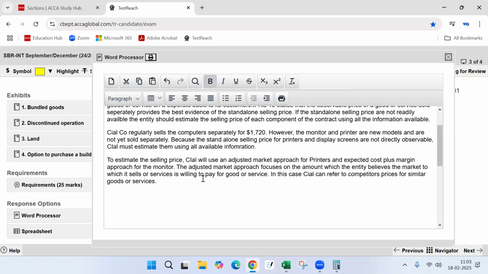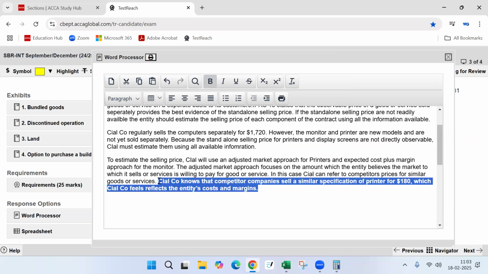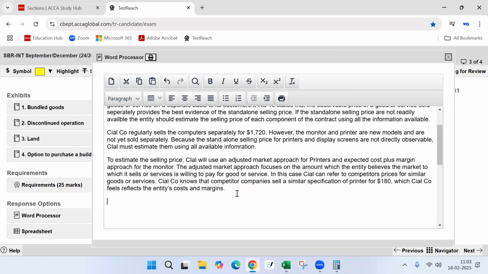So we can copy paste this, that CL knows that the competitor company sells a specific model of printer for $180, which CL feels reflects the entity's cost and margins, right? Hence we can say that the standalone selling price of printer can be used as $180. Done.